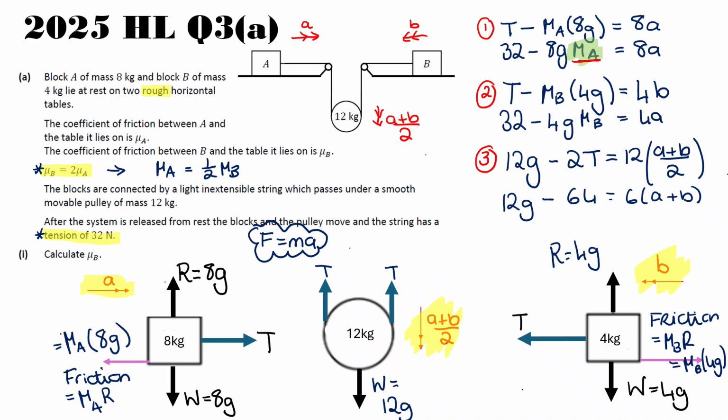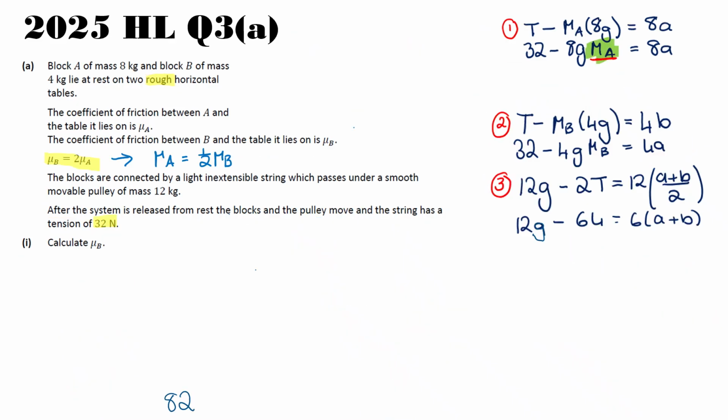So let's get ourselves some space and sub that in, and then let's work through the algebra. So that's going to give us 32 minus 8g and then a half mu B, which we're going to be able to tidy up into 32 minus 4g mu B is equal to 8a.